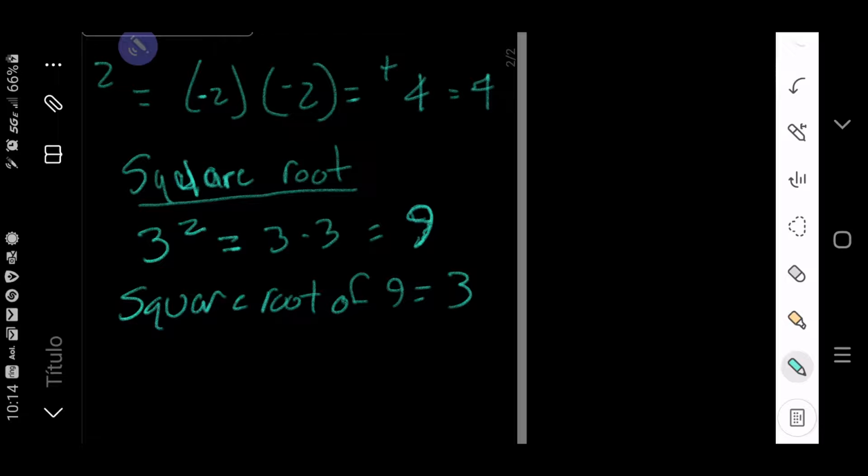So the square root is indicated by this symbol.